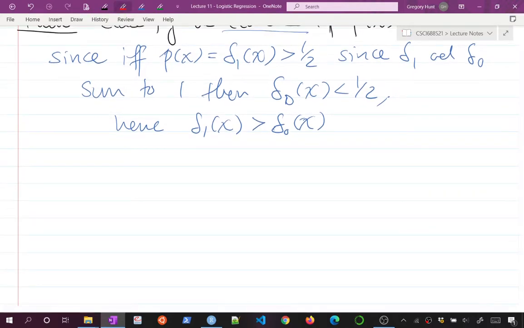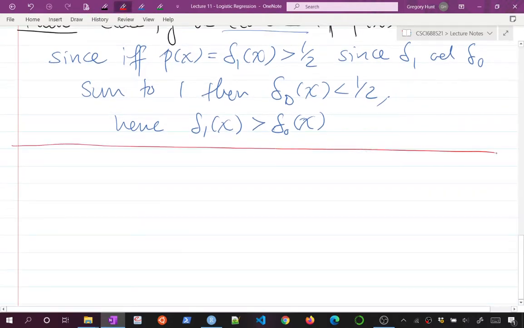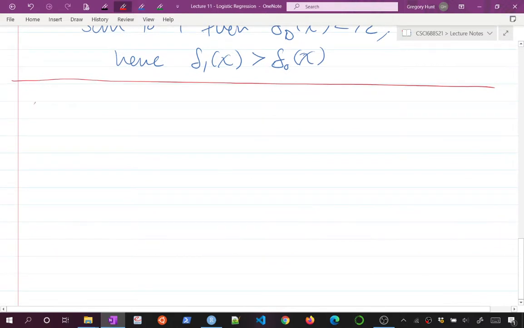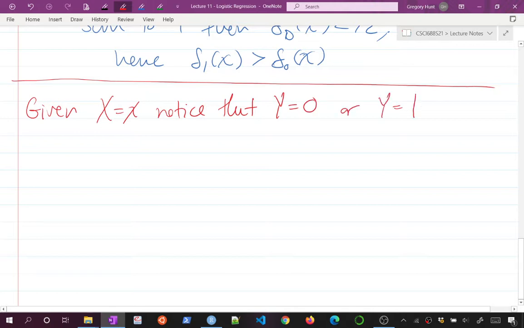So, given I've observed some data, maybe some little x, notice that y is 0 or y is 1. We have a name for that type of random variable.